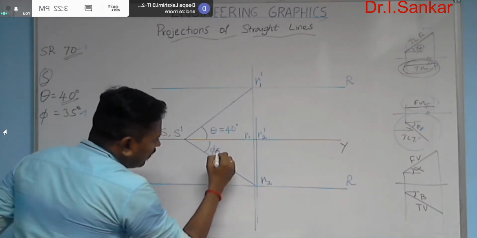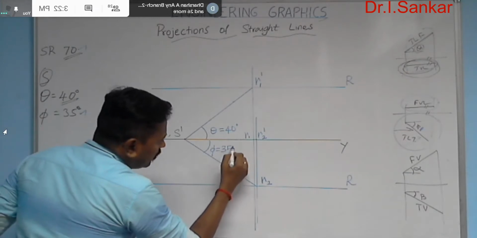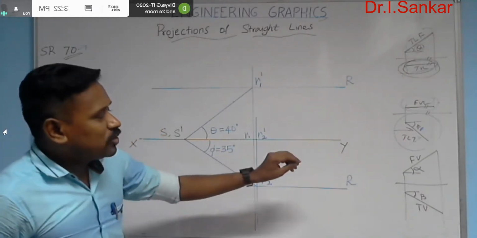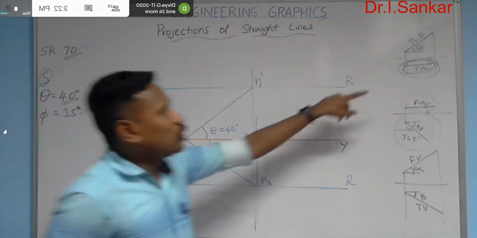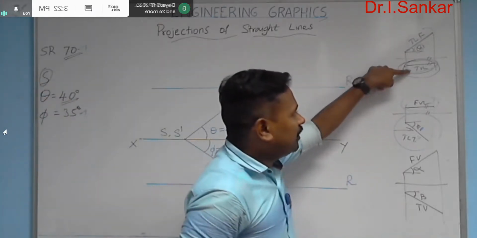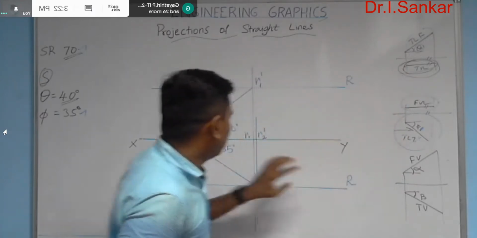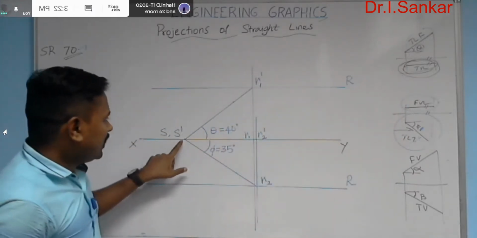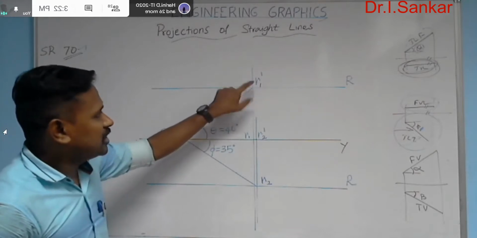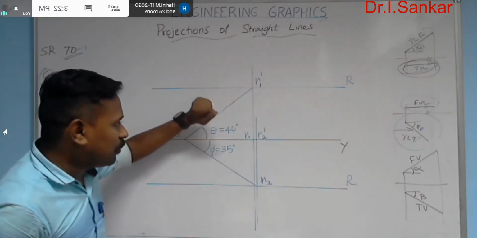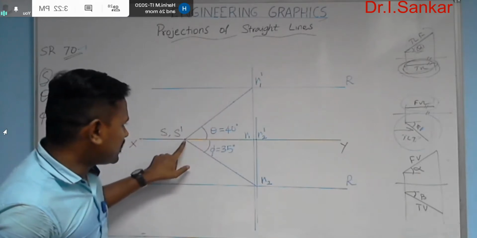It is actually 35 degree. And we just brought out the two pairs, true length in front view and TVL, true length in top view TLT and FVL. These things we just brought out. See here, S dash R1 dash is true length in front view along with theta. Its pair is top view length, which is SR1.